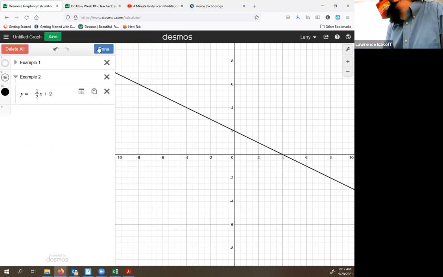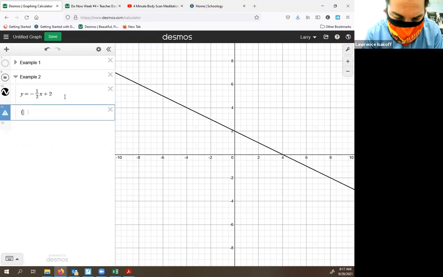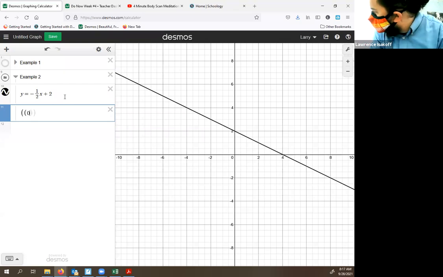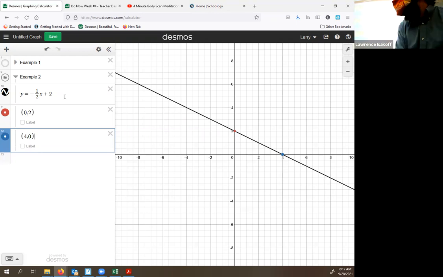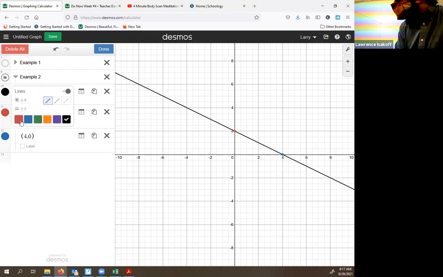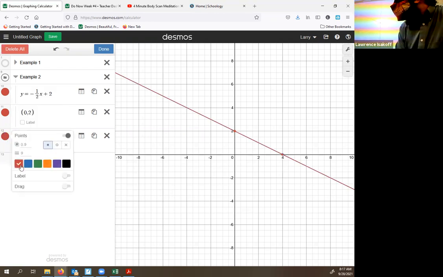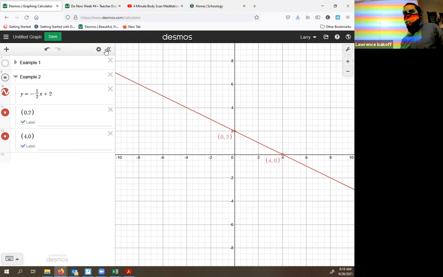I can quickly label those. I had the point (0, 2) and I had (4, 0). So I had those two critical points there. Let me get all of this in red to match my work in the notes and turn on those labels. So there's the first equation graphed.